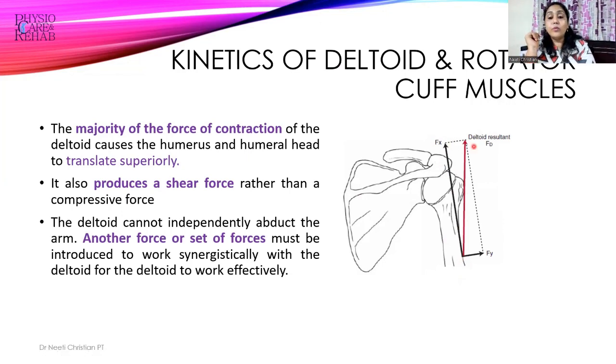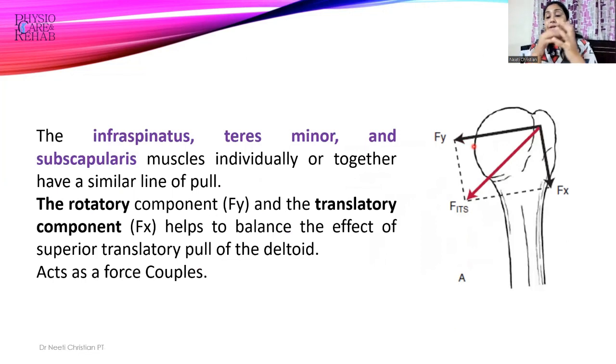Now we have one more set of muscles, which are called force couples. We have the other set of rotator cuff muscles: infraspinatus, teres minor, and subscapularis. These muscles, individually or together, have a similar line of pull, which is in a downward direction, oblique and inferiorly.